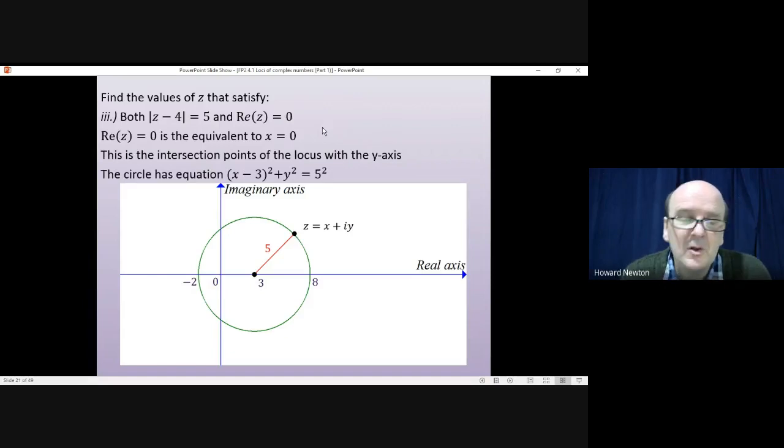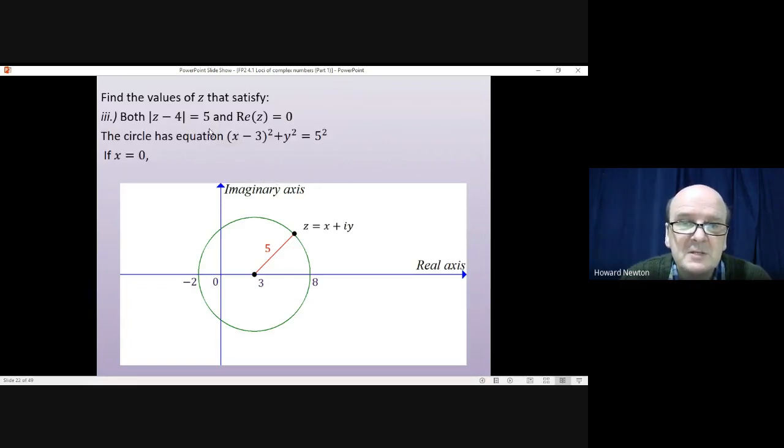Now, to find those, we need to go back to the equation of the circle. And in this instance, the circle will have equation (x minus 3) squared plus (y minus 0) squared, because the center is on the x-axis, so just plus y squared equals 5 squared. That's the equation of the circle. We're being asked what happens when x equals 0, so we'll just have to substitute x equals 0 into the equation of the circle, and that'll give us (0 minus 3) squared plus y squared is 5 squared.